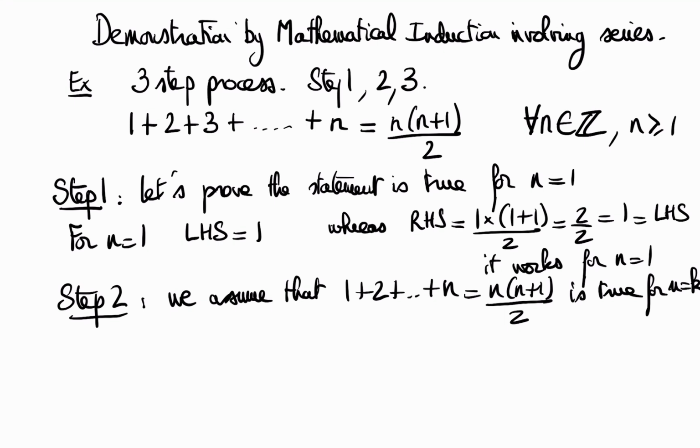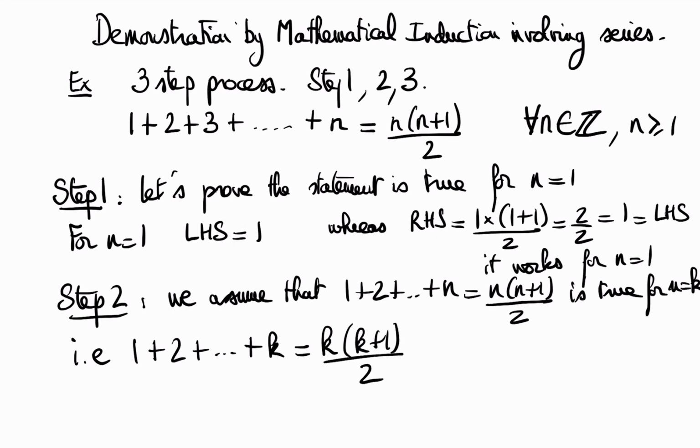So that means, i.e., 1 plus 2 plus ... plus k is equal to k times k plus 1 over 2. And now, with this assumption, it's only an assumption, we don't know yet if it's true or not. We have assumed it's true.